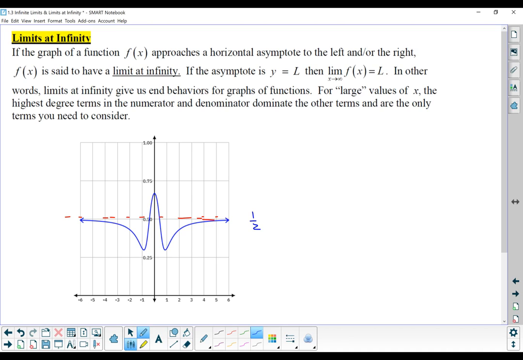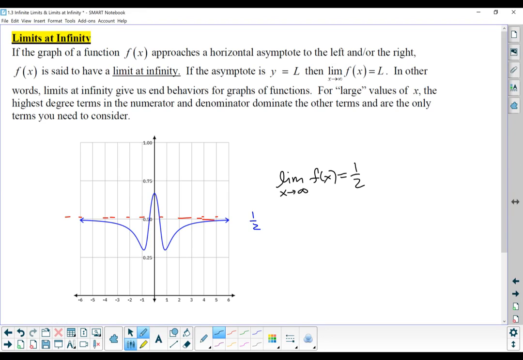Anyway, so if it has that horizontal asymptote, then we would say that the limit as x approaches infinity of that function is the value of that horizontal asymptote. So limits at infinity are involving the end behaviors of the graph of the function.